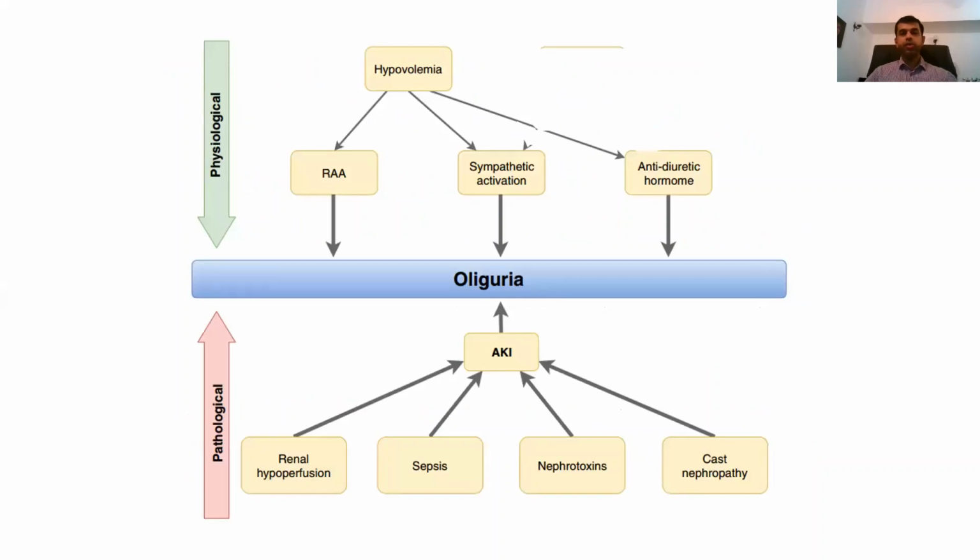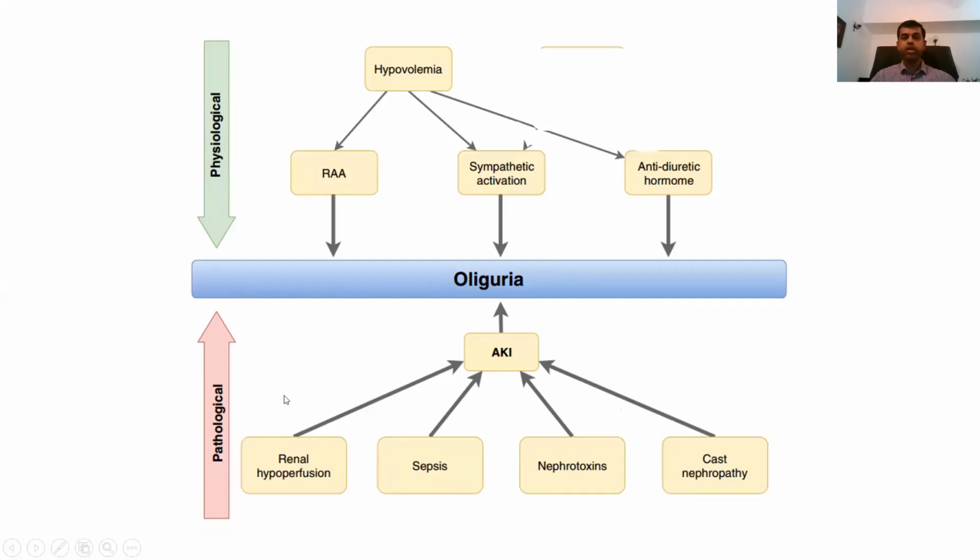So what I've tried to show you is that oliguria can happen under normal situations, when the kidney functions are normal. Still you can get oliguria because of mechanisms operating in the body, and the kidney-related factors try to compensate for the body abnormalities.